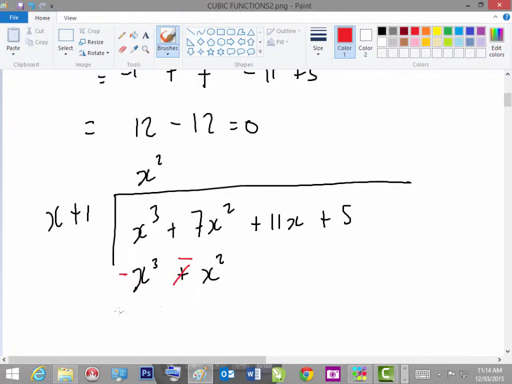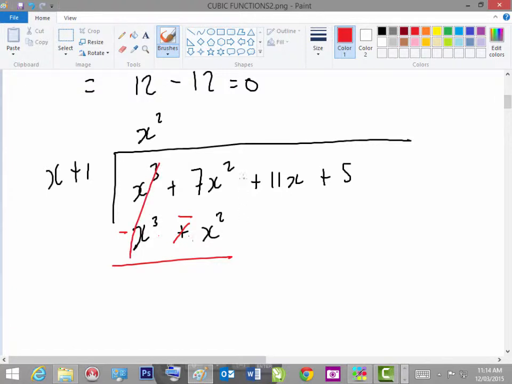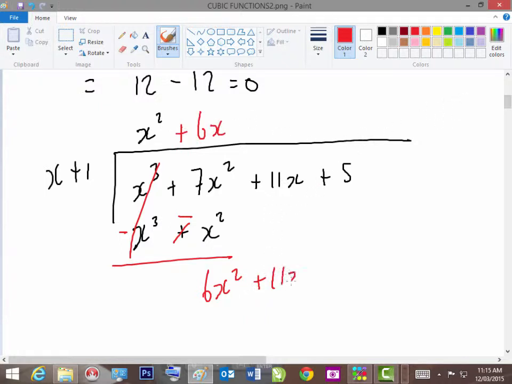Negative, negative. These two cancel, and I'll get 6x squared. Okay, what do I multiply the x by to get 6x squared? I have to multiply by 6x. Remember, I have to bring down the next term as well.